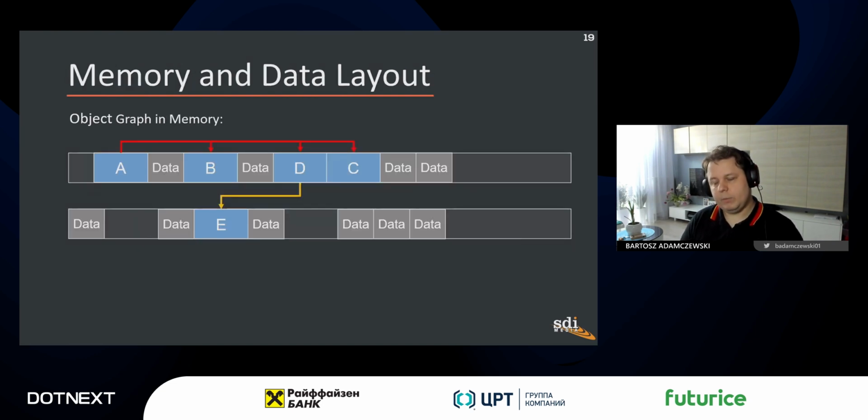And that means that typical object-oriented design graphs tend to be very deep and very wide as well. In terms of memory and data layouts, as you can see, if I want to do something with E, I have to go to A, then jump to D, and then jump to E. And our data is fragmented because we're using pointers all the time. So it can be anywhere really, if we allocate the data, and it can be moved by the garbage collector as well.